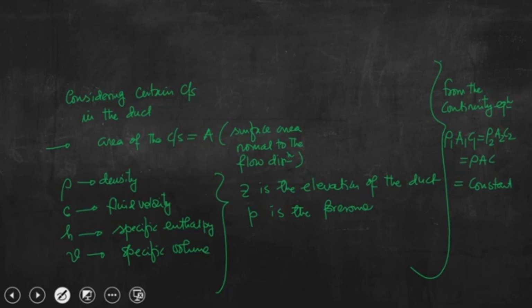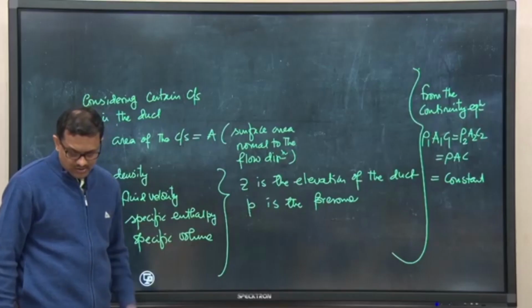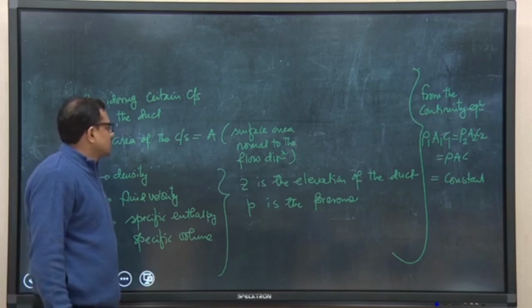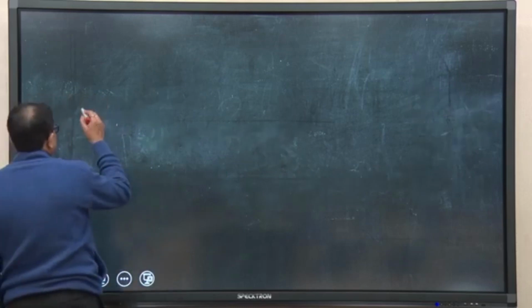If we take the log on both sides and differentiate it, coming to the particular slide, rho A C equal to constant. If we do these steps, we will get dA upon A plus d rho upon rho plus dC upon C equal to 0.